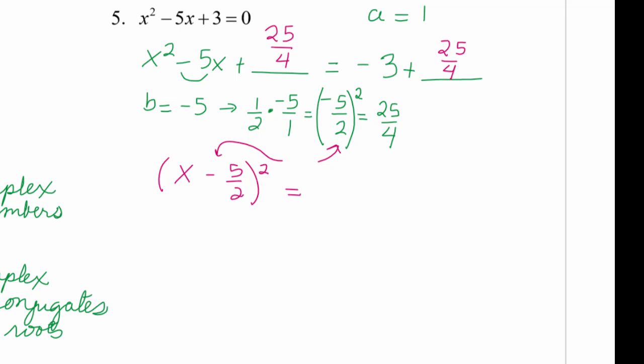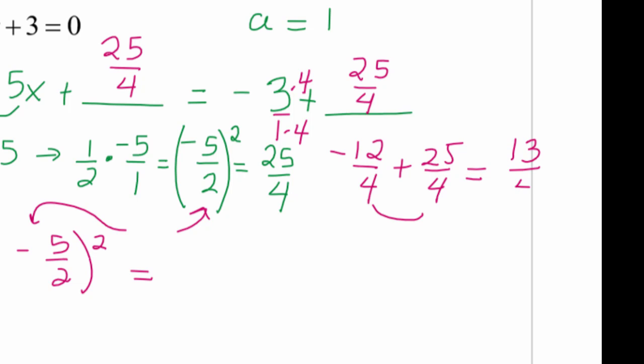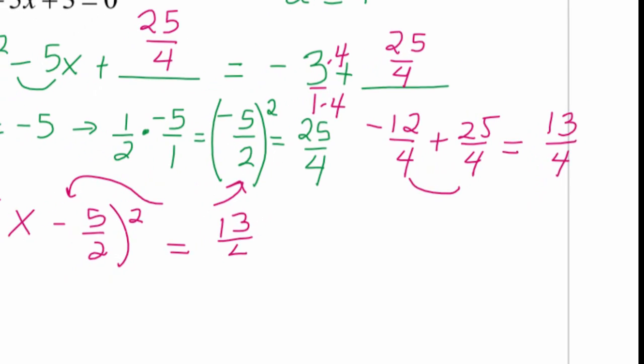Equals, over here, I have a negative 3 over 1 plus 25/4, and I'm going to get a common denominator of 4. So here's negative 12/4 plus 25/4 to combine those two fractions. And so that means I have a 13/4. So that's what comes over here, 13/4.